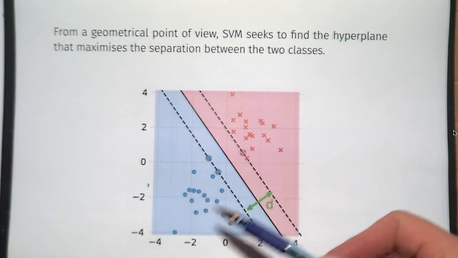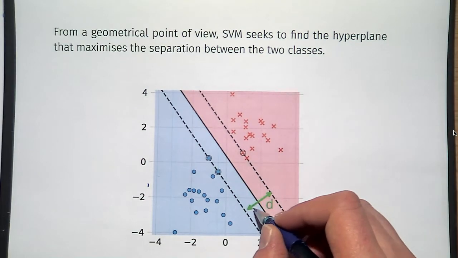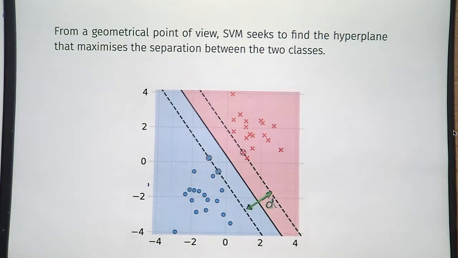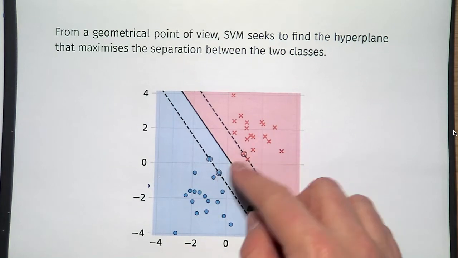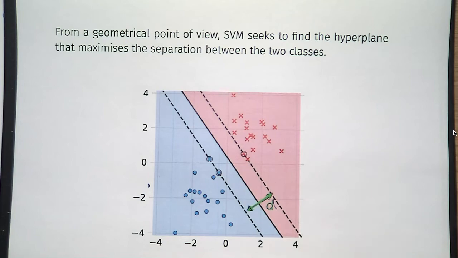And the direction we'll take will be the one that maximizes the distance between the two classes. Okay, so you might have a gap between the two classes, and you're trying to find a direction where the gap will be maximum.